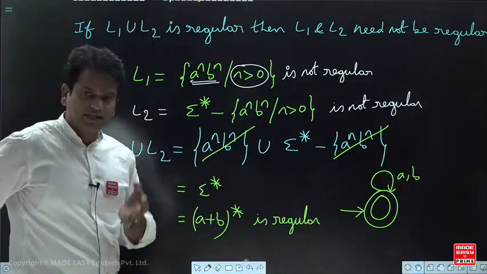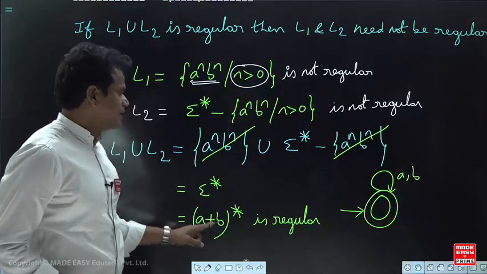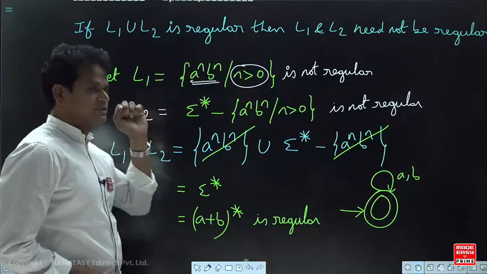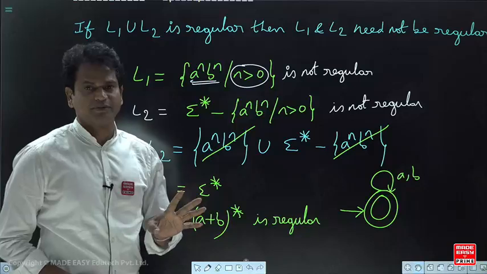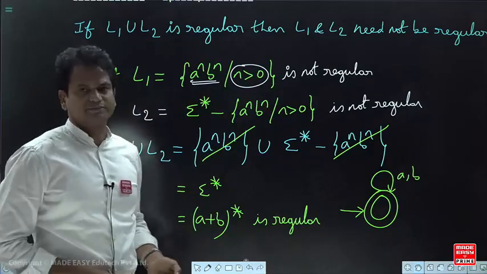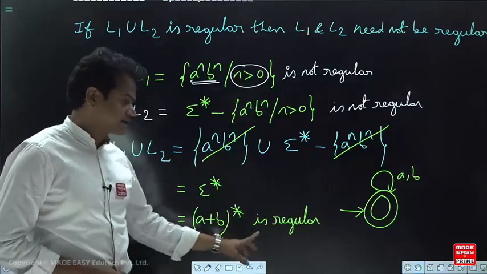Are you following? In the previous example, L1 union L2 is regular, and out of L1 and L2, L1 is not regular but L2 is regular. Now here both of them are not regular, but their union is regular.